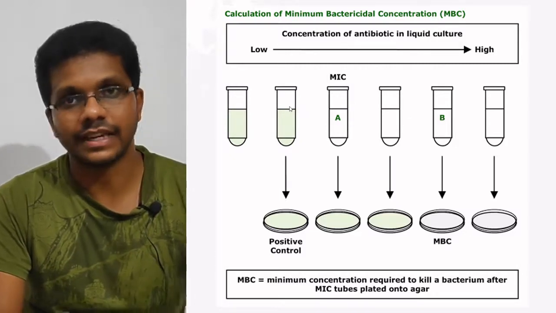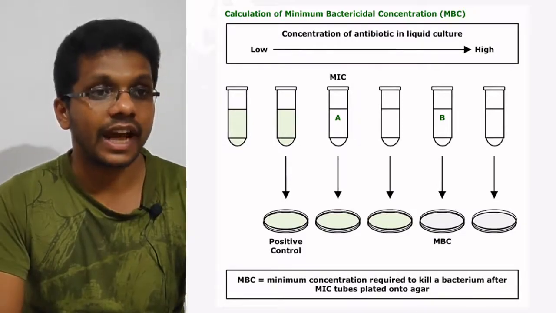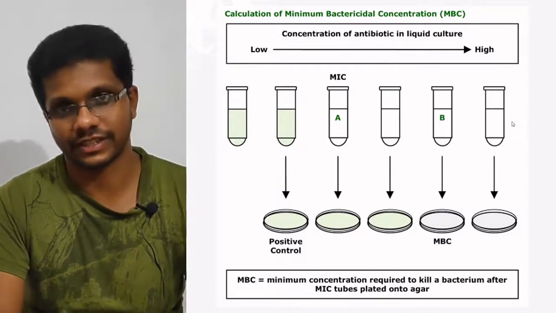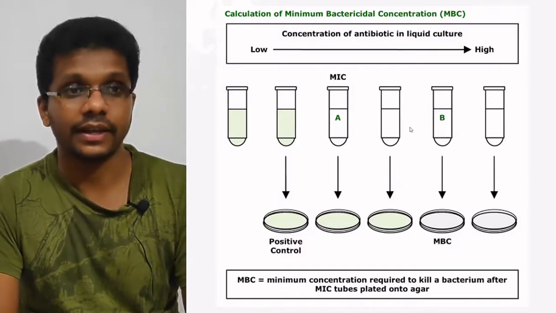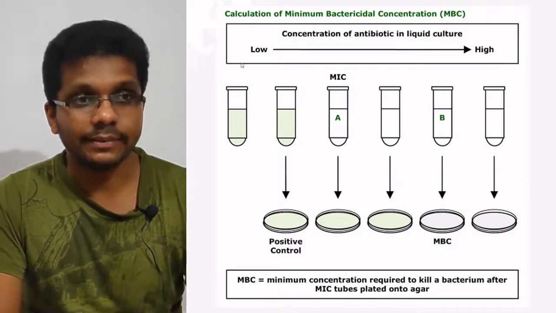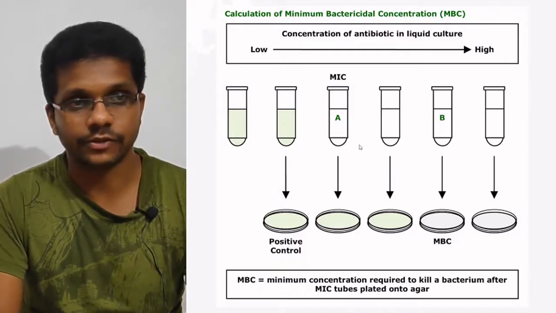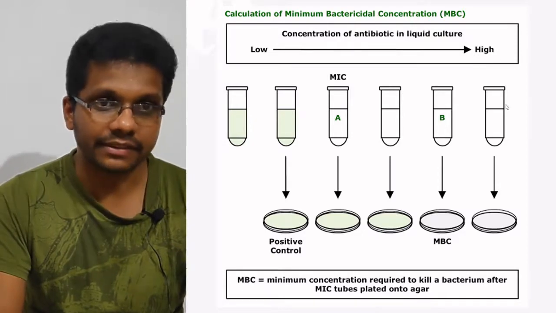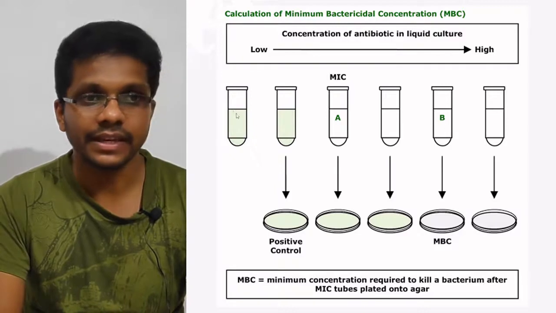If the antibiotic is meant against Escherichia coli or gram negative bacteria, you have to take Escherichia coli in all these tubes in equal concentration. All the tubes have an equal number of Escherichia coli, and the antibiotic is serially diluted and added to these tubes. So the maximum concentration of antibiotic will be here, and the lowest possible concentration of antibiotic will be here.